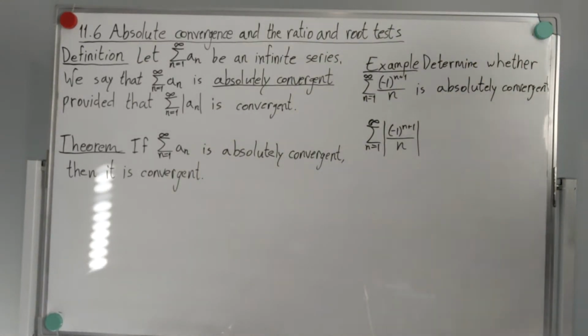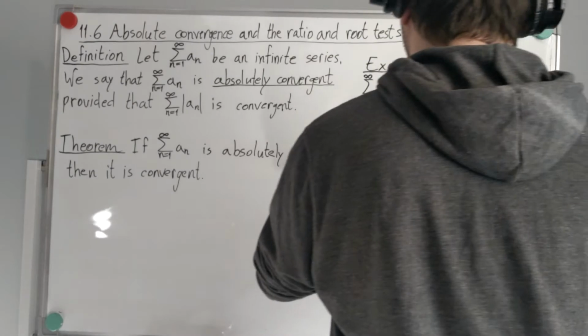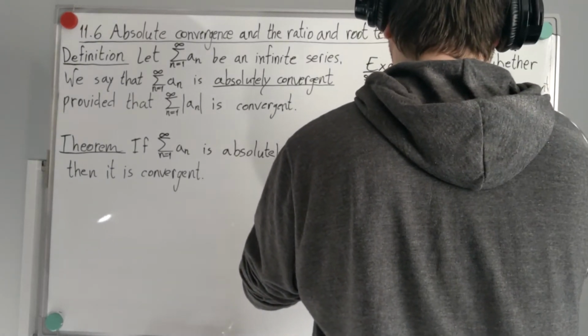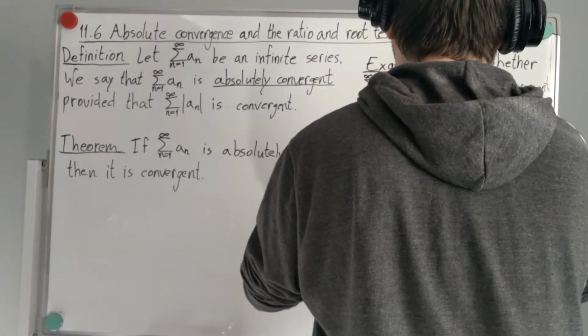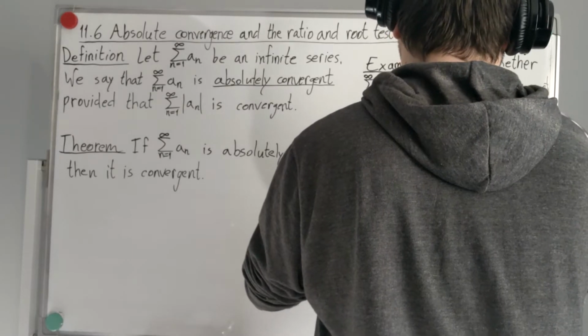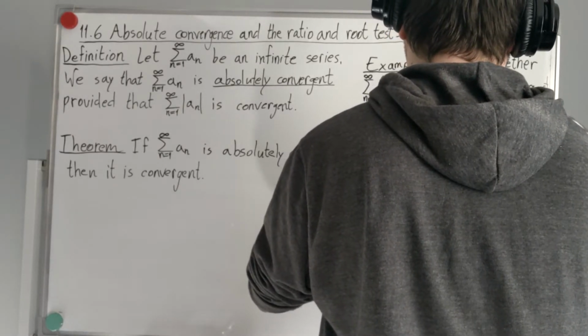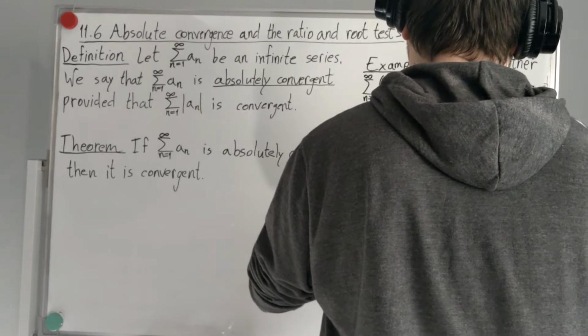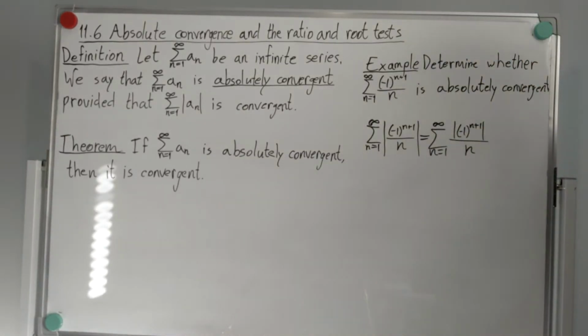Now, the absolute value of n is, of course, n, because n is non-negative. So this is the same as the sum from n equals 1 to infinity of the absolute value of (-1)^(n+1) divided by n. Okay?